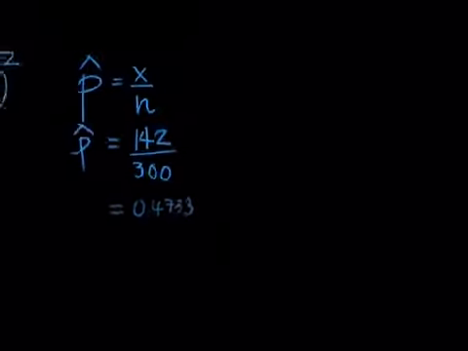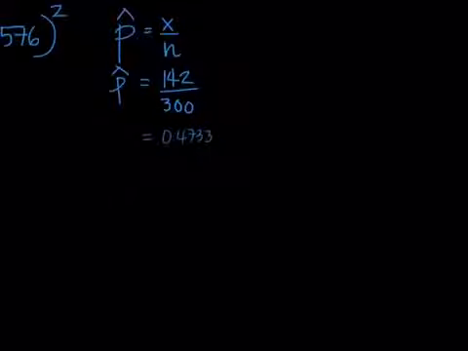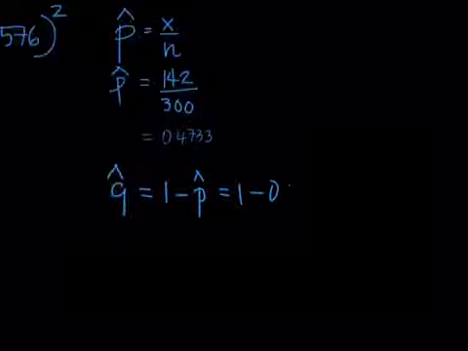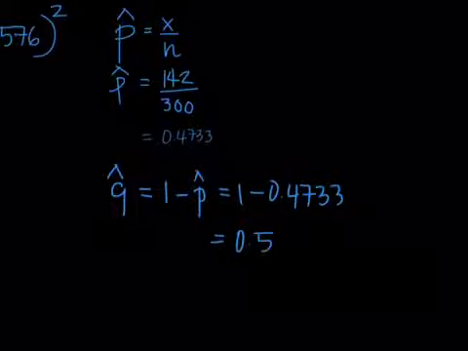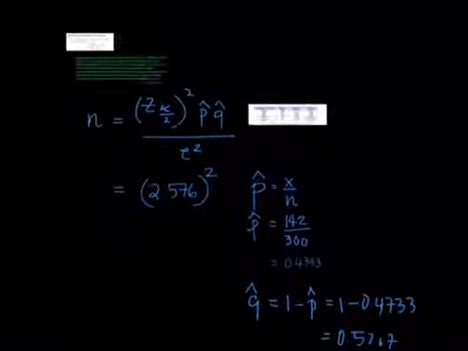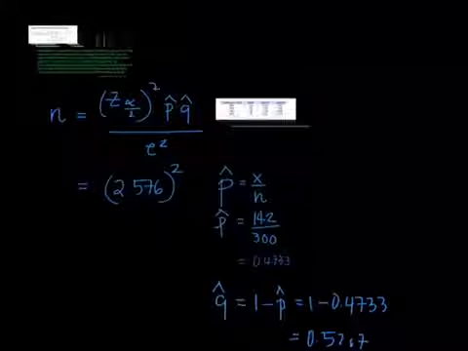So that means our q-hat, which is equal to 1 minus p-hat, is 1 minus 0.4733, which is equal to 0.5267.